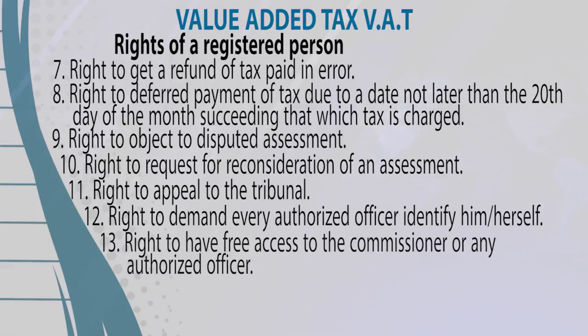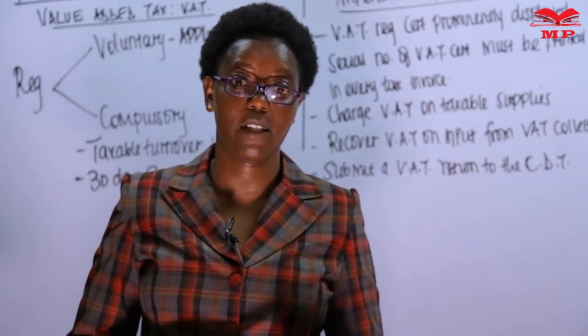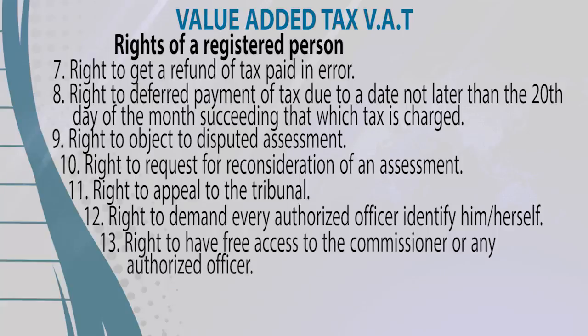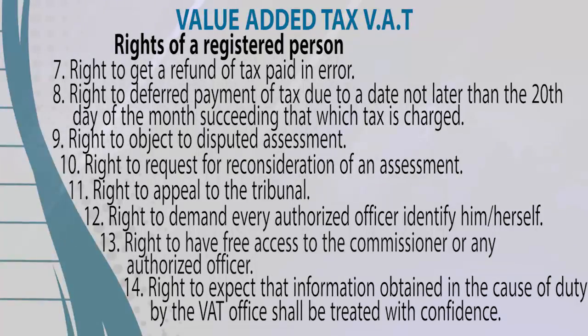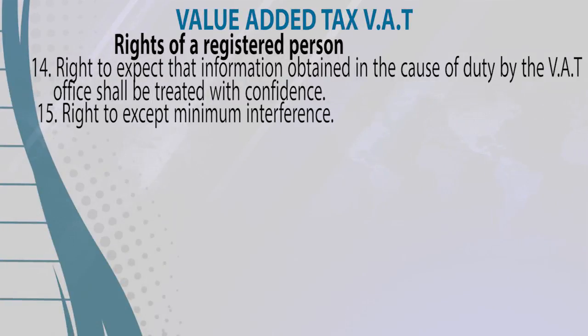When you need help, you have free access to the commissioner, meaning that you shouldn't pay for it, and it should not be a very long process for you to be able to get communication from the commissioner. Then expect that information obtained in the course of duty by the VAT officers shall be treated in confidence. And also expect minimum interference.